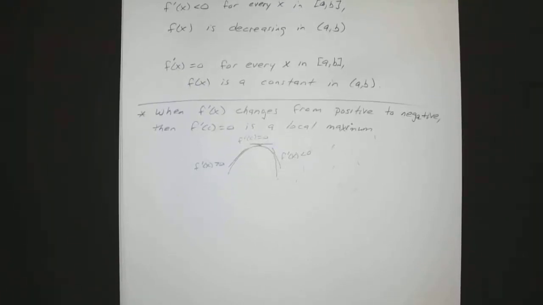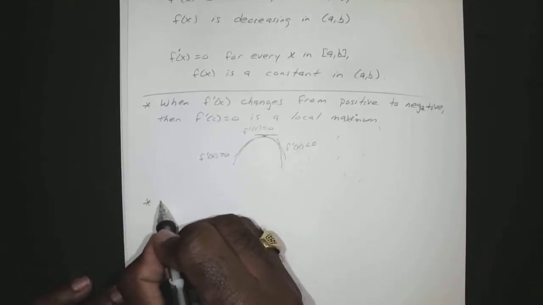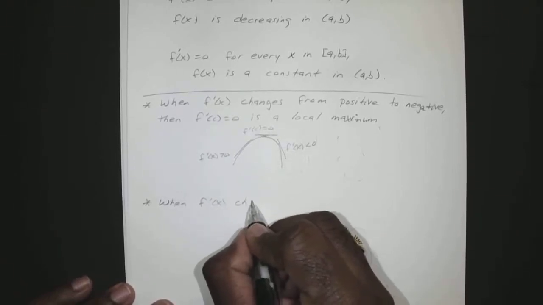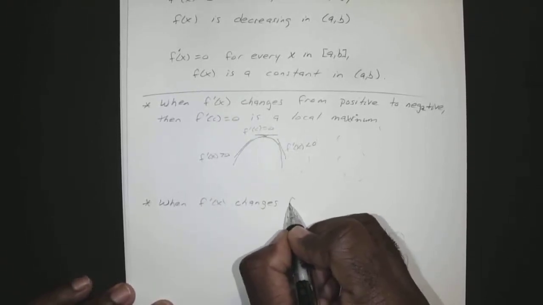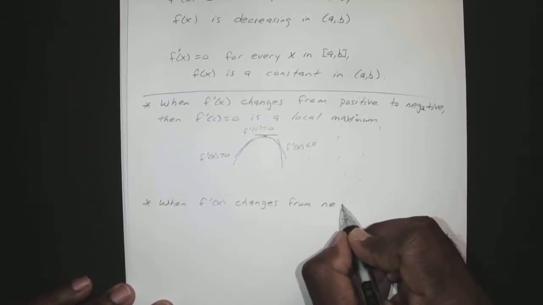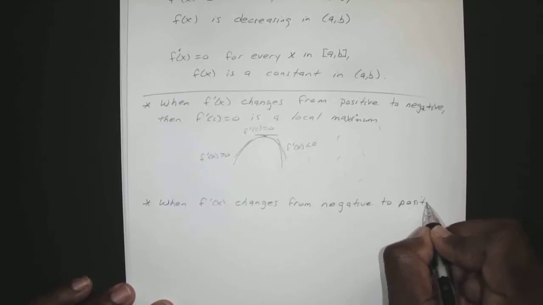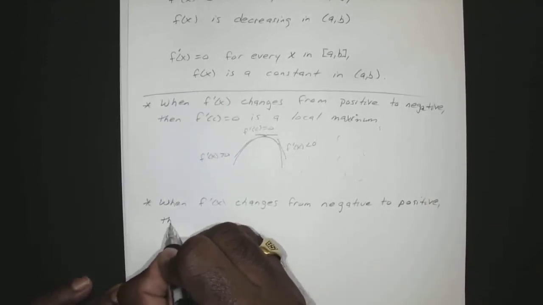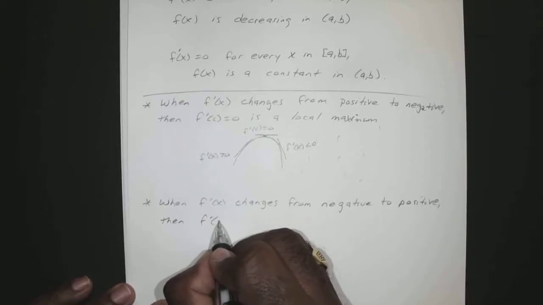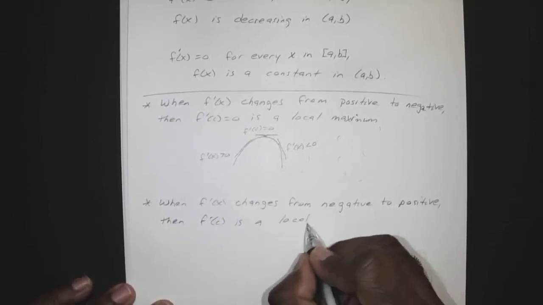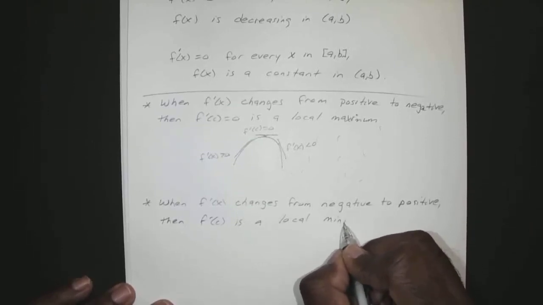Now, if it changes from negative to positive, then f prime of c equals 0 is your minimum. So it's a local minimum.